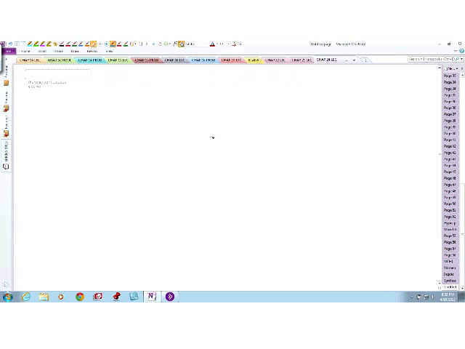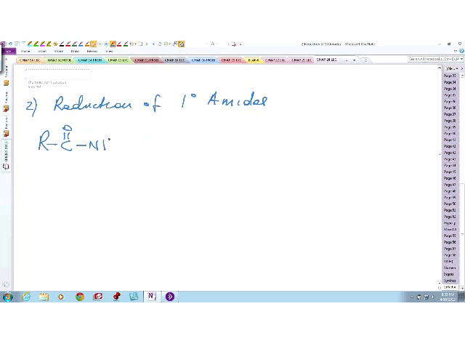Another method for making amine will be the reduction of primary amides. Here, take a primary amide, react once again with LAH.